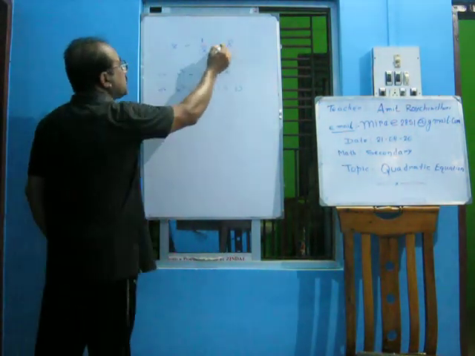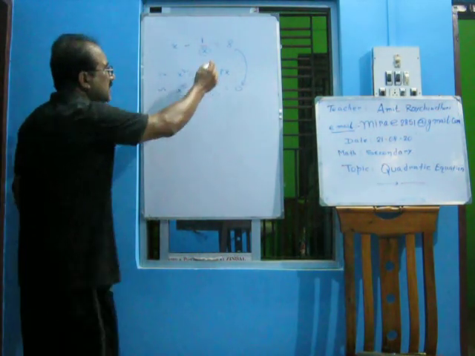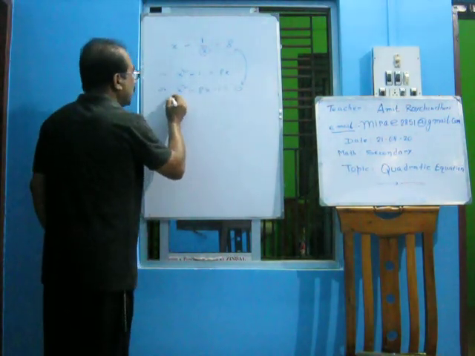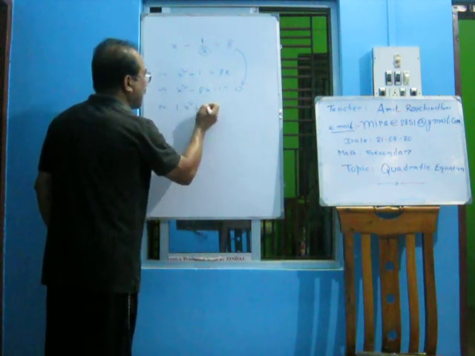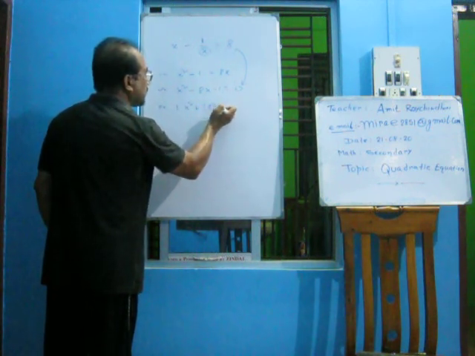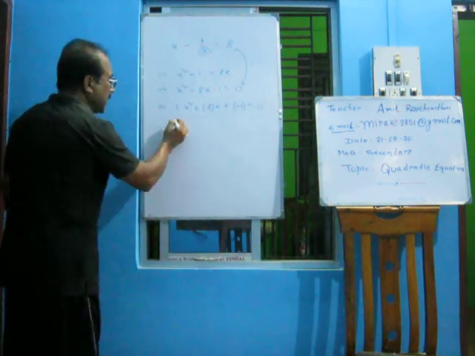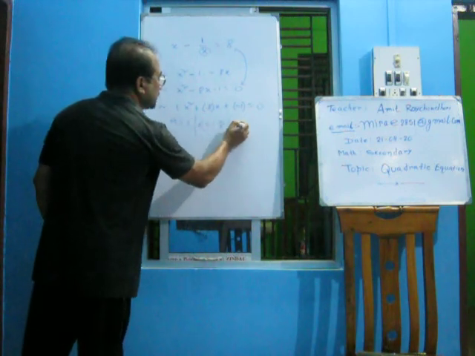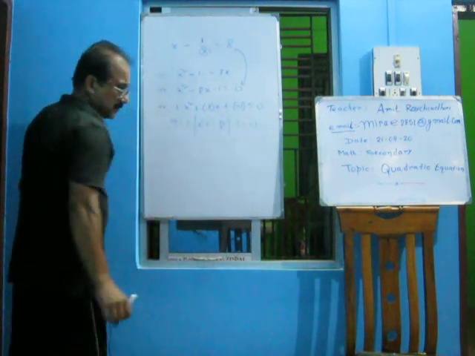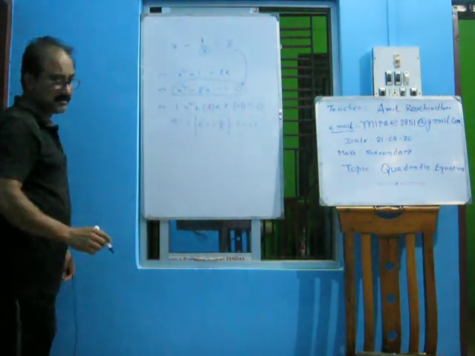Now this equation is transformed like this: 1 into x square plus minus 8 into x plus minus 1 equal to 0. Thereby a equal to 1, b is equal to minus 8, c is equal to minus 1. So it is a clear-cut quadratic equation.